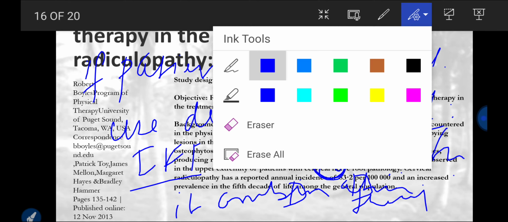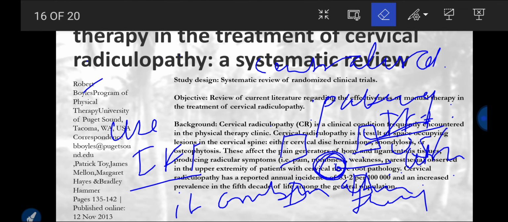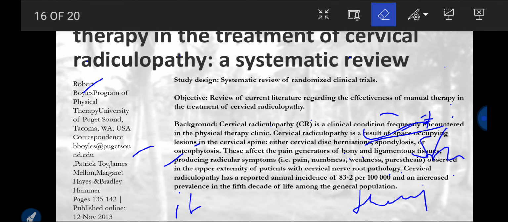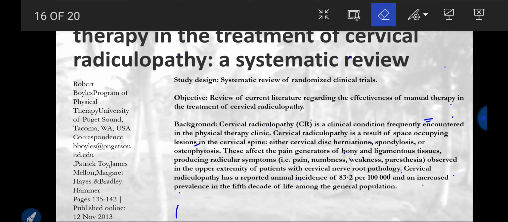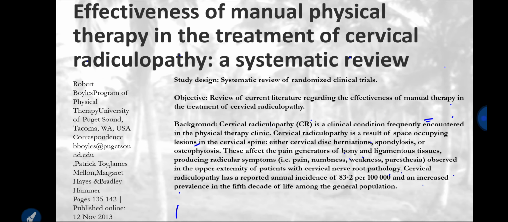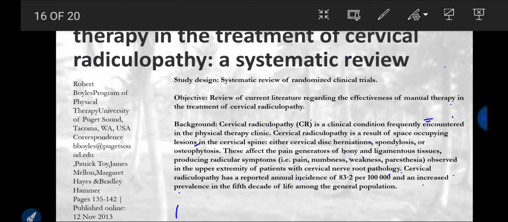So here is one research. This is a systematic review, on the effectiveness of manual physical therapy in treatment of cervical radiculopathy. So this is basically on the manual therapy in treatment of cervical radiculopathy.